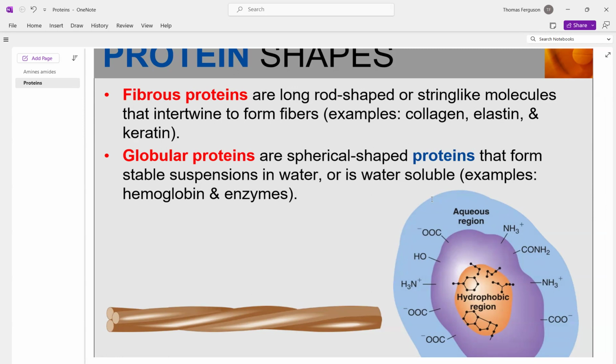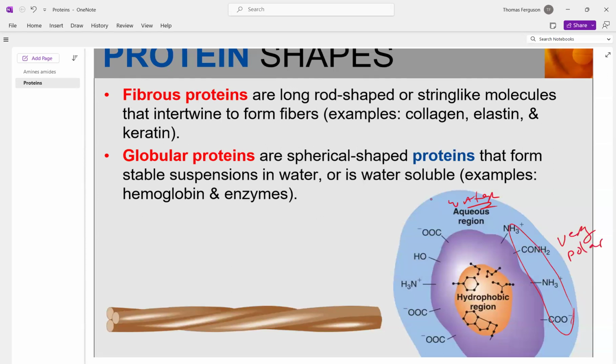Now, the reason why they're globular has to do with the sequence of the amino acids that make up the protein. Depends on their functional groups. Now, if we're in a water environment, like this is water, the functional groups that are polar are going to want to go to the outside and force that protein shape so that the polar ones are on the outside, so these are all very polar.